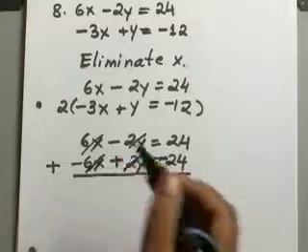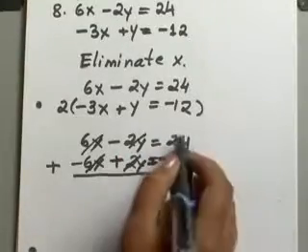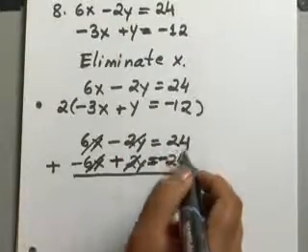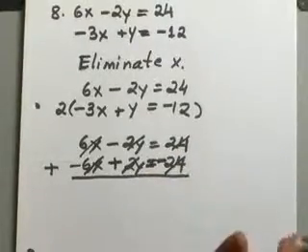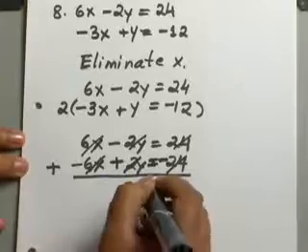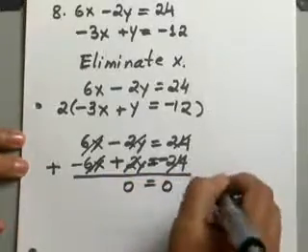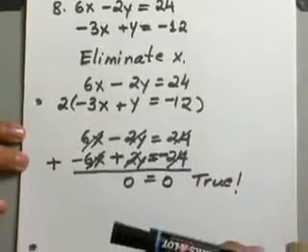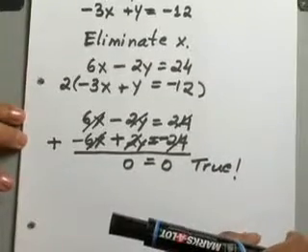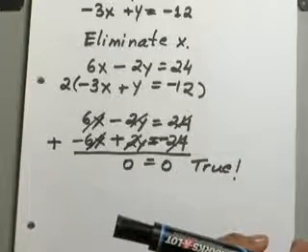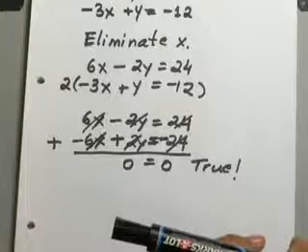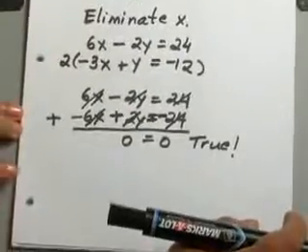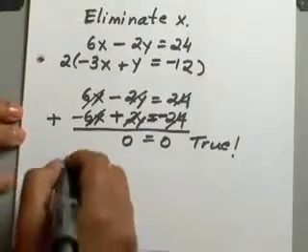So our x's got eliminated, our y got eliminated, and then you have a positive 24 and a negative 24, which also gets eliminated, and you end up with a true statement, 0 equals 0. Now, if you guys remember, we had talked about this. When you end up with a true statement, it means that the two equations are the exact same or equivalent equations, and that of course means they are two overlapping lines.